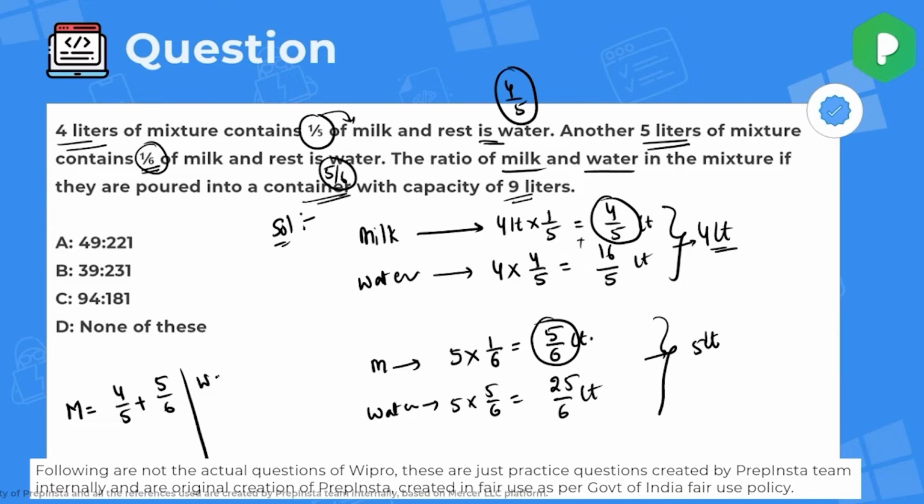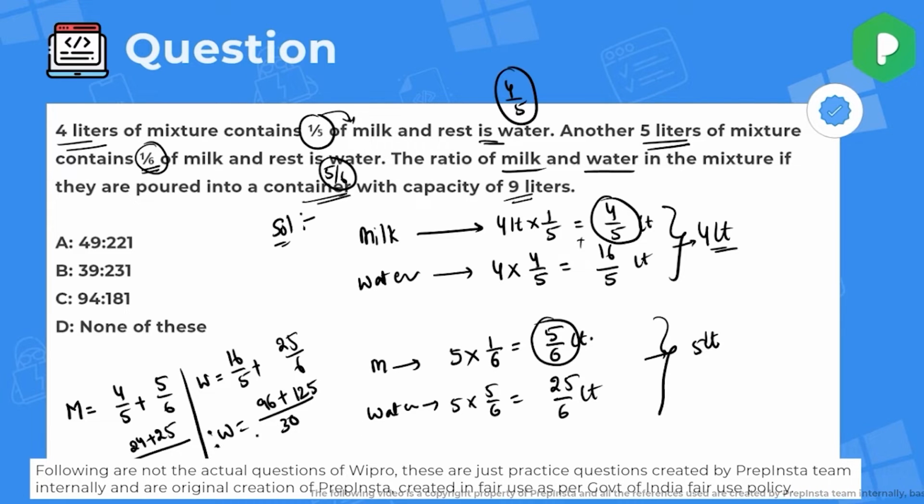And coming to the water, in the first container the quantity is 16/5 and in the second mixture it is 25/6. 5 and 6 are co-prime, so what is the LCM? Directly multiplication, 30. 24 plus 25 is the milk, and for water the LCM is again 30. 6 sixteens are 96 and 5 twenty-fives are 125, right?